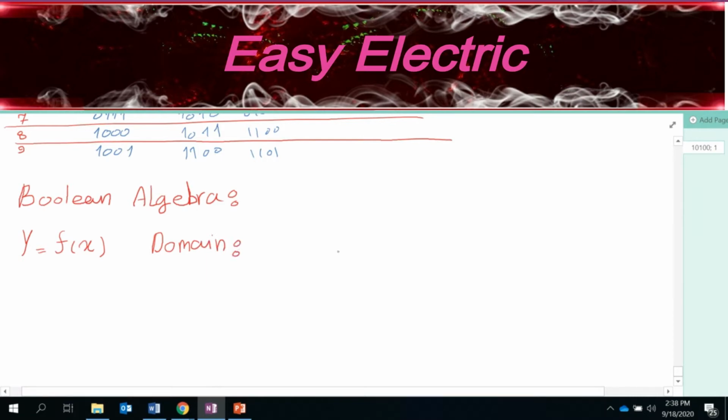We had domain and we had range, right? For example, if you have a function like y equals x, what is the domain and range for this function?